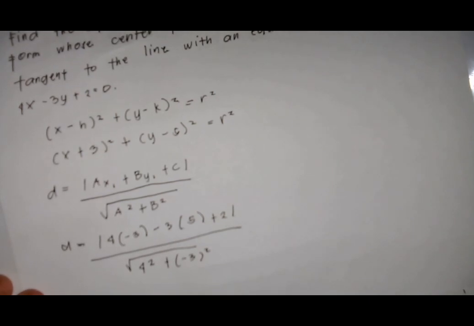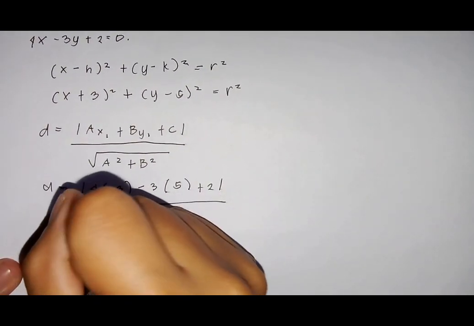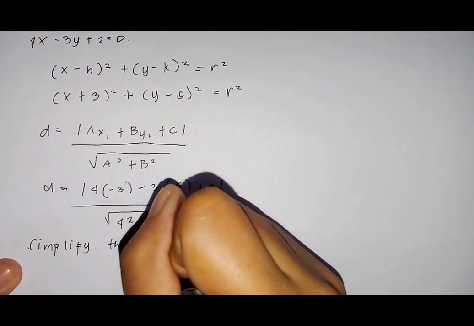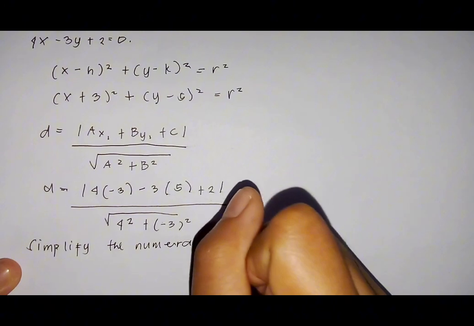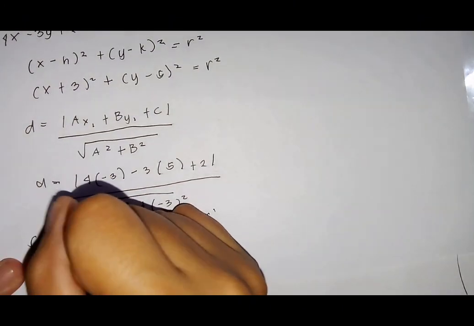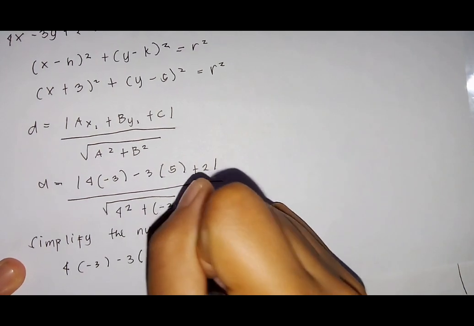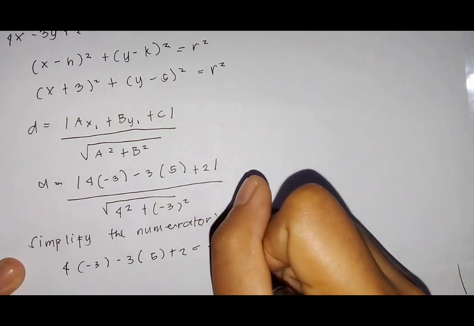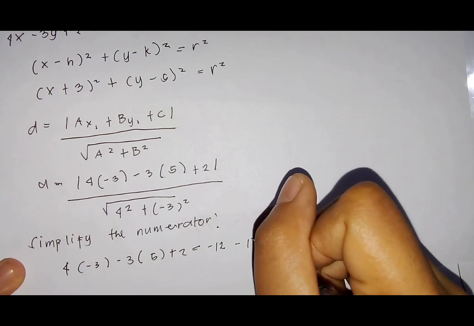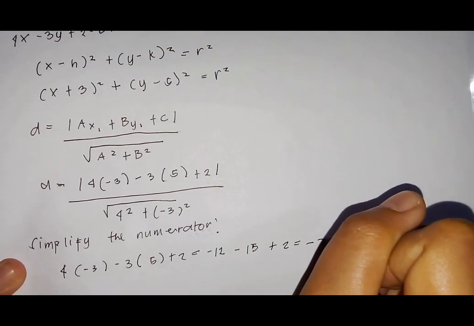So simplify the numerator. We have 4 times negative 3 minus 3 times 5 plus 2 is equal to negative 12 minus 15 plus 2 is equal to negative 25.